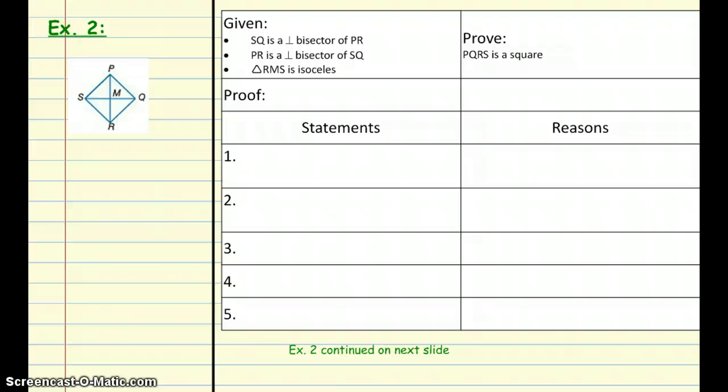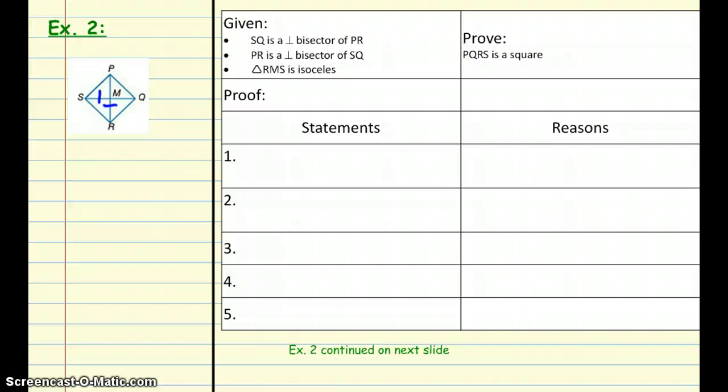Example 2 can get kind of overwhelming. It has 11 steps that we're going to fill in here for the 2-column proof. Okay, so let's take a look at this. What we're given is 2 bisectors, and we know triangle RMS is isosceles. We're going to prove that that figure is a square.